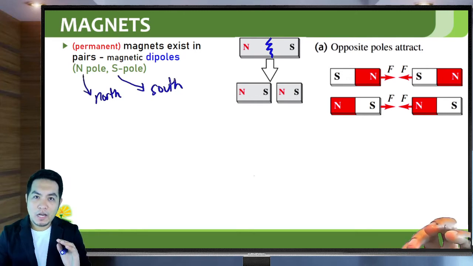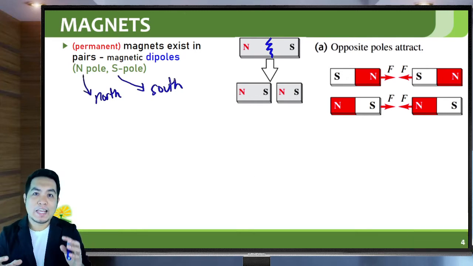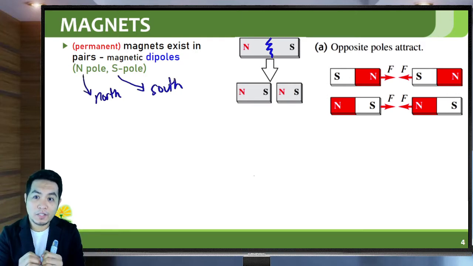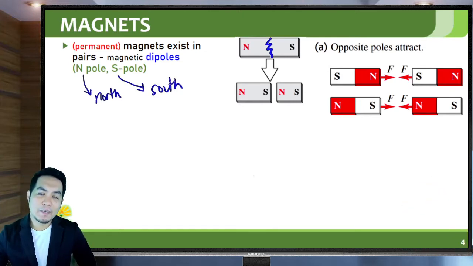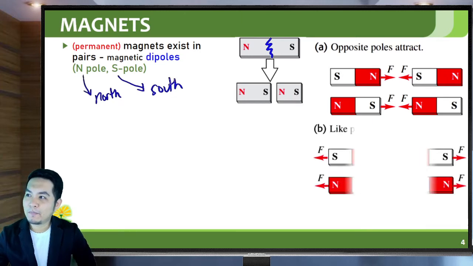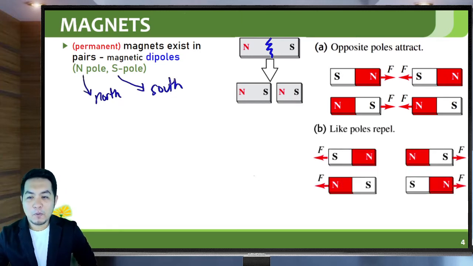And opposite charges, a positive and a negative charge, will pull each other towards each other, hence the attraction. A similar thing happens in magnets. Magnets of opposite poles attract, so a north will attract a south and vice versa. And like poles will repel.